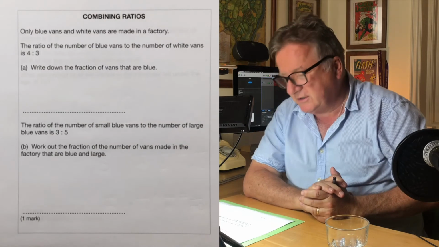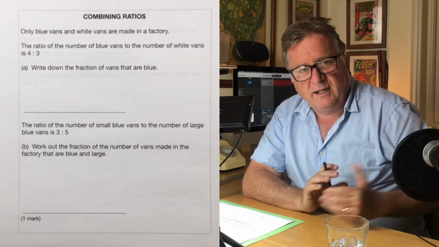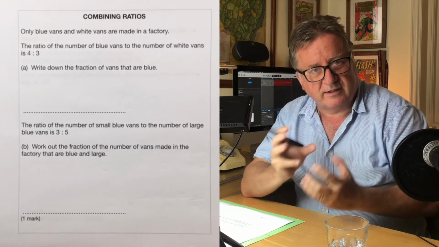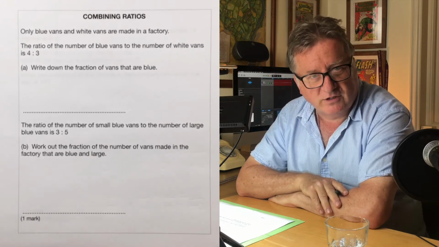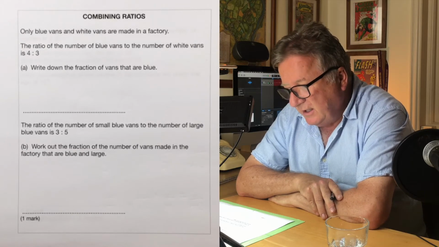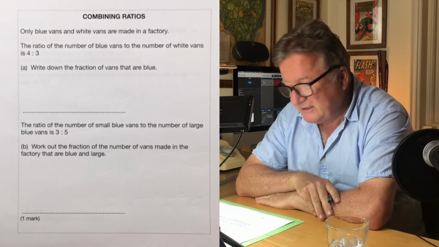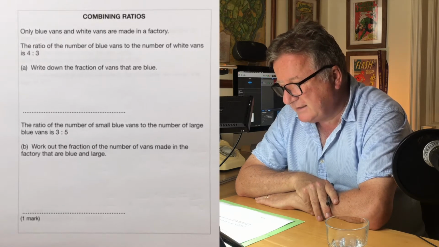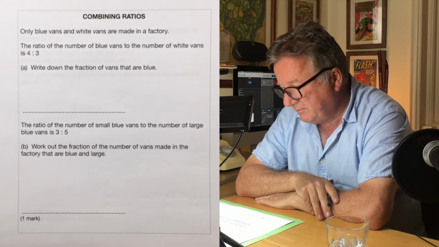Combining ratios. So this is all about taking ratios and making them work together in quite a tricky context. So let's look at this GCSE question. In fact, it starts off with something which is fairly straightforward. Only blue vans and white vans are made in a factory.